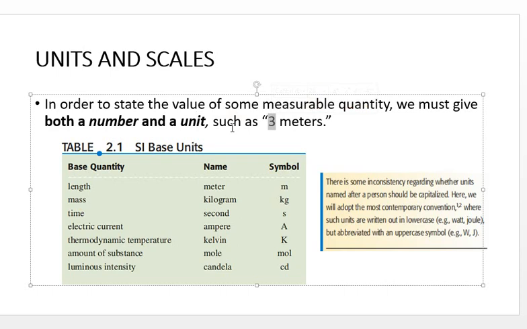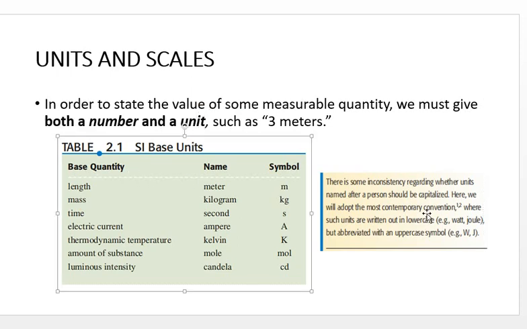Right? What is 3? Because 3 could mean a lot. You might mean 3 seconds, 3 meters, 3 kilometers, 3 watts, 3 amperes, right? It could mean so many things. So it's important, always, always, always, do not forget that when we measure a quantity, we have to write both the number and the unit.